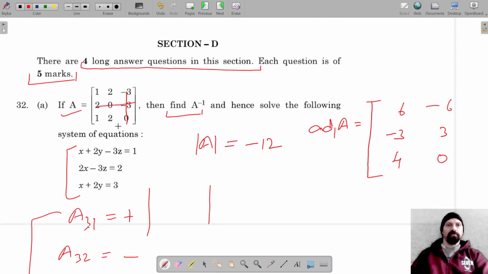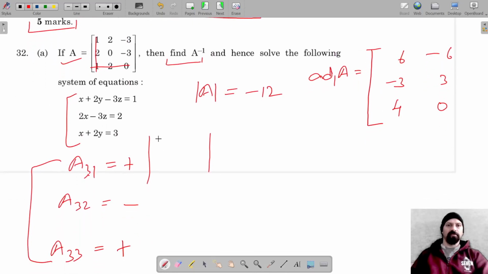Let's remove the row and the column here. So if you remove the row and the column for this, it's 2, negative 3, 0, and negative 3. For the 3, 2, it's 1, negative 3, 2, and negative 3.